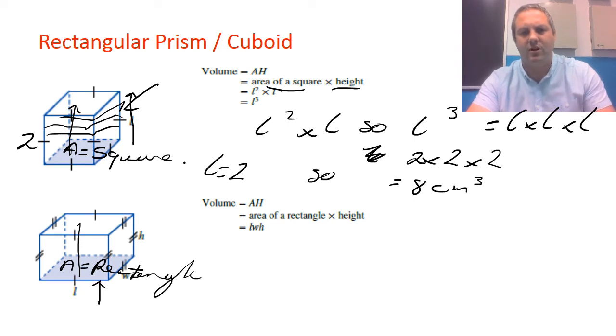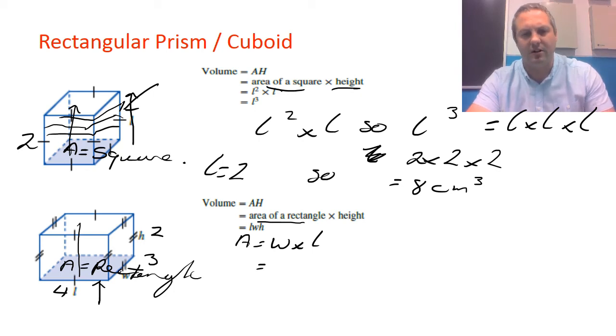Now we talk about the area of the rectangle. We might make the height 2, we might make the length 4, and we might make the width 3. Our rule for this one is area of rectangle, which is width times length.